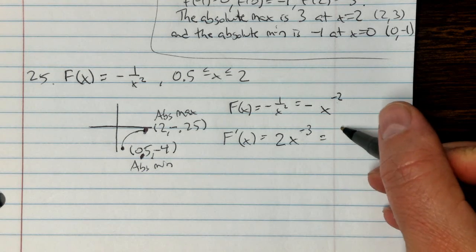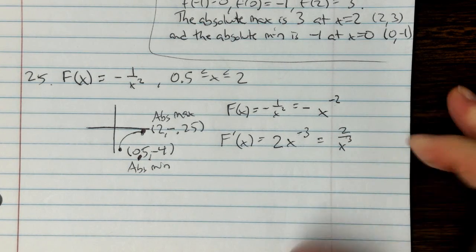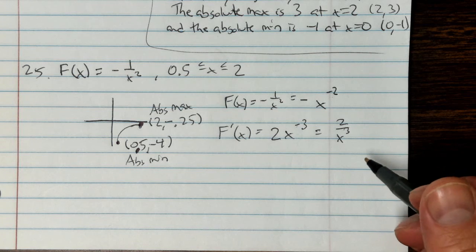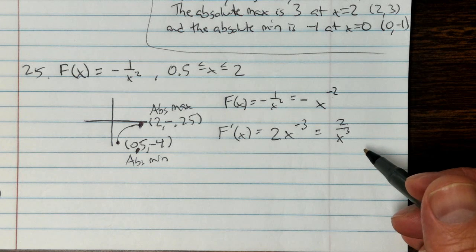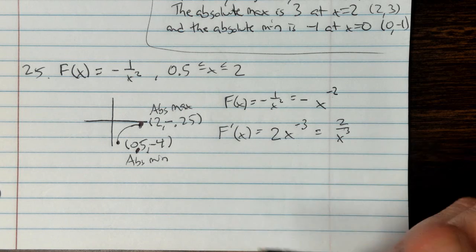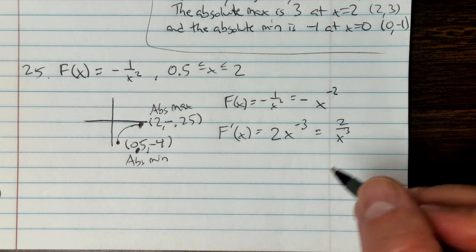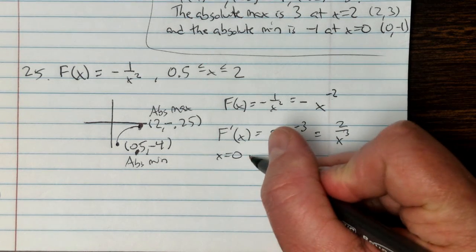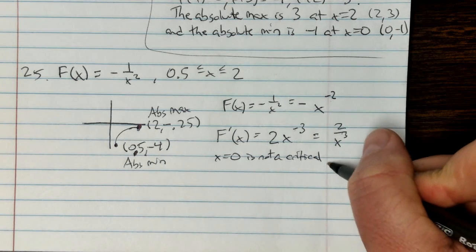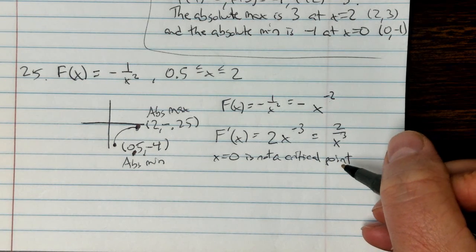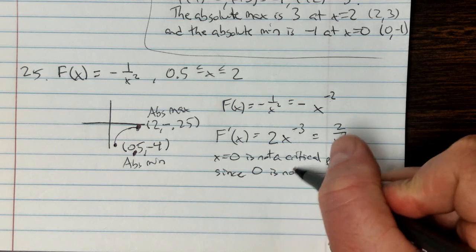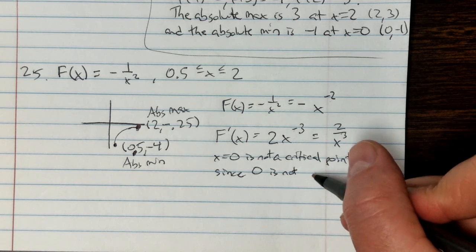So this would look like 2 over x cubed. So that's what our derivative is. But notice that at x equals 0, it's undefined. X equals 0 is not a critical point, since 0 is not in the domain.